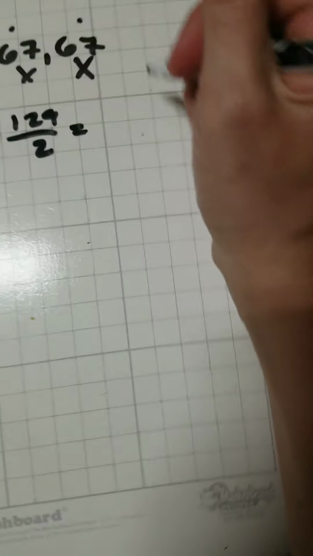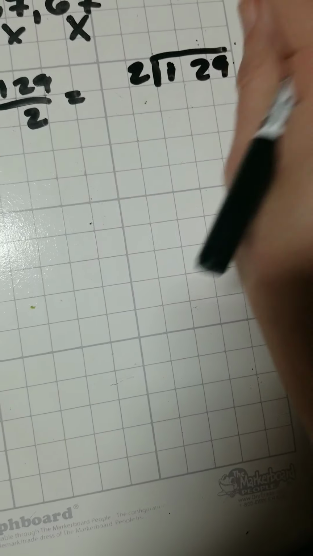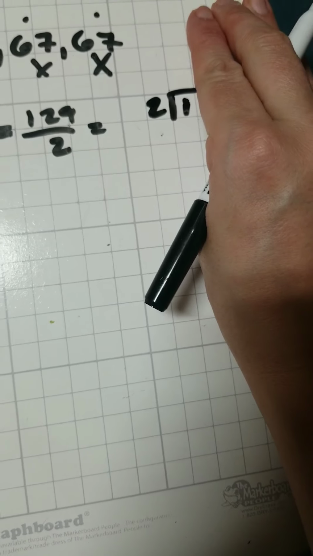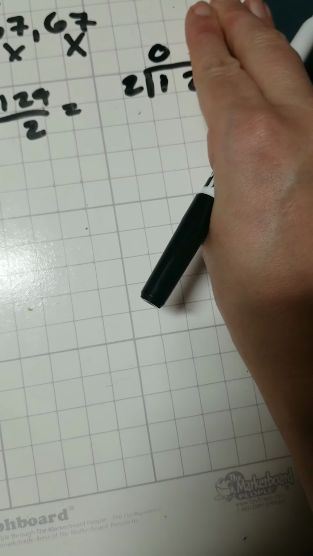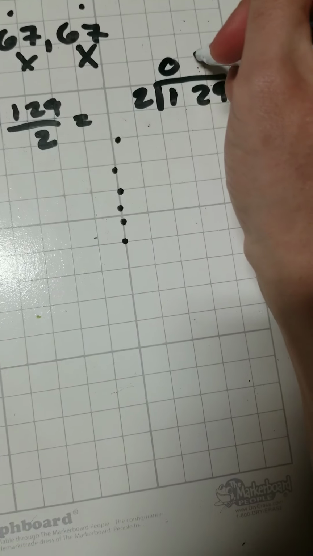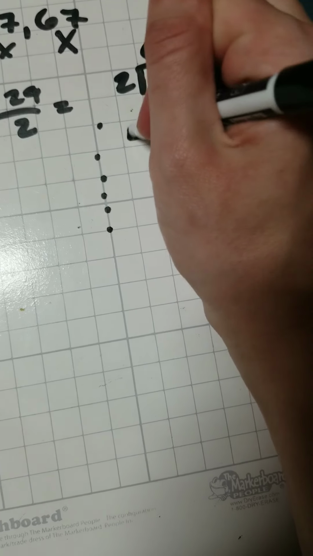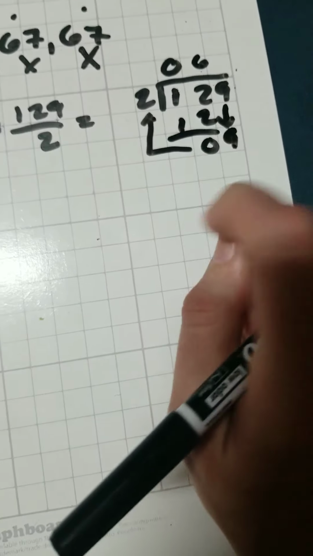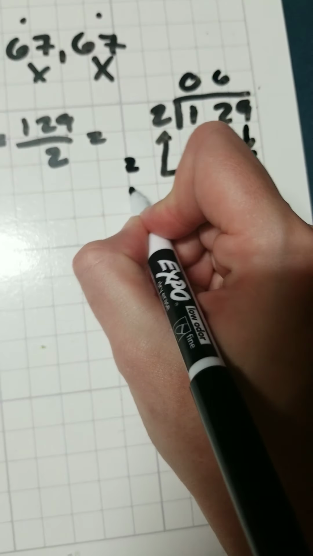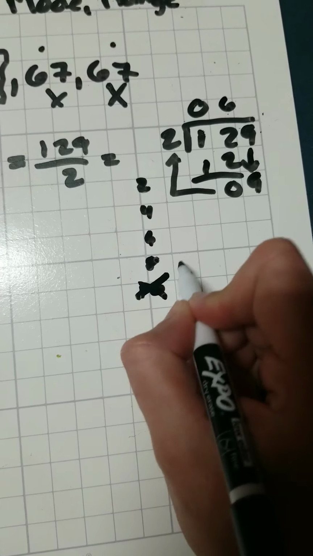So now I'm going to go top in, bottom out. If I have 1, I cannot make a group of 2. If I have 12, I can make 6 groups of 2. 2, 4, 6, 8, 10, 12. Then I bring down the 9. If I have 9, I want to know how many groups of 2 can I make without going over. So we have 2, 4, 6, 8, 10, 10 went over. I can make 4 groups of 2.